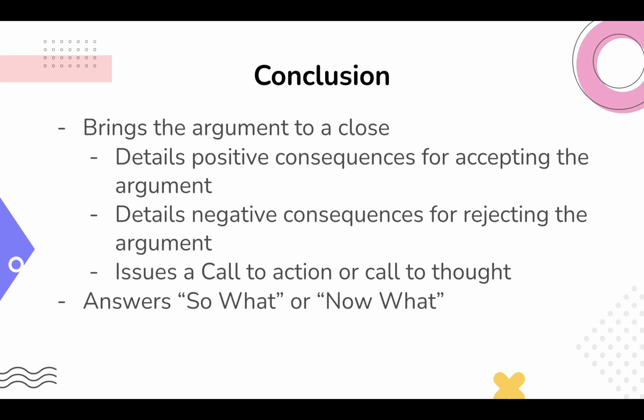So then the last part of all of this is the conclusion. This is where you bring your argument to a close. This is where you say to the reader, if you listen to what I'm saying and you do what I'm saying, then this positive thing will happen.